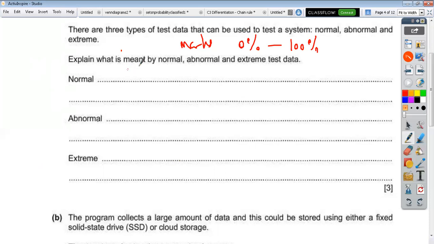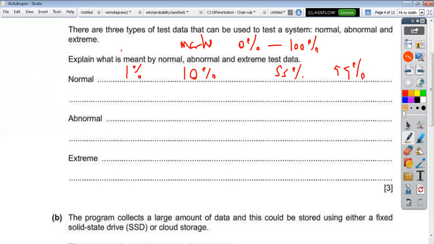Is 1% normal? Is 10% normal? Is 50%, is 90%? Are these normal data, what I've listed here? Are they all normal from your definition?